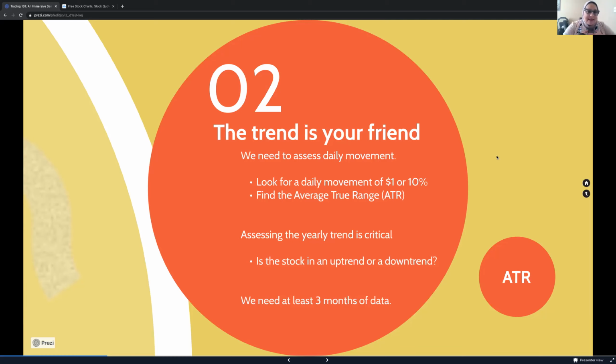Now, to be more precise and more accurate, especially when there are a lot of crazy movements and you think that day's movement was not an indication of the actual movement, you want to find out what's called the average true range, okay? The average true range is the average of all the daily ranges in a certain time period. I hope I didn't lose anyone here.